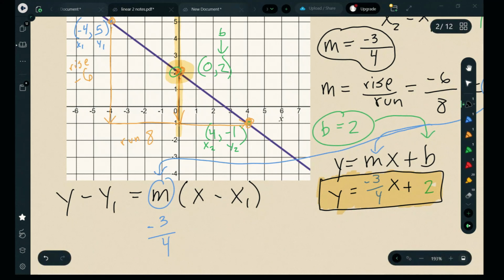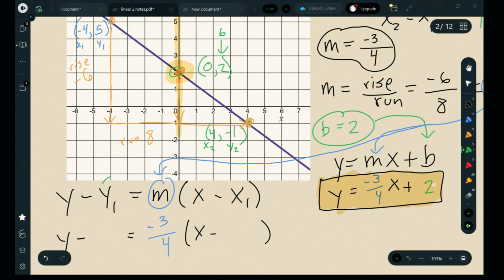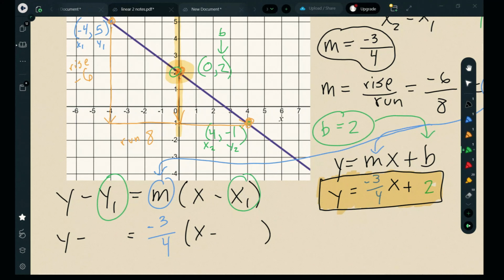So let me fill in the rest of this. Now we have to plug in the y1 and the x1. And again, we can use any point. So let me just use this point here. We have those coordinates. Even though I called them here x2 and y2, that doesn't matter. I could still use these coordinates.